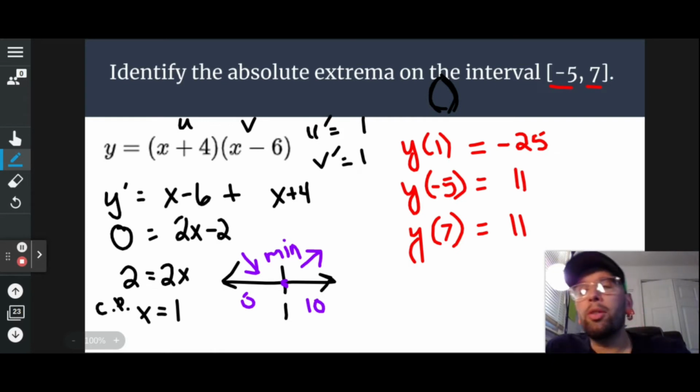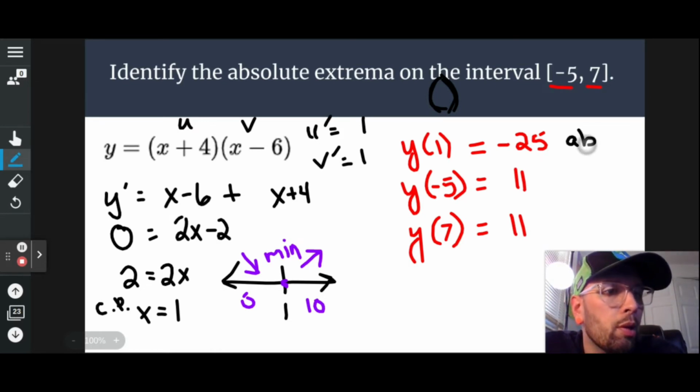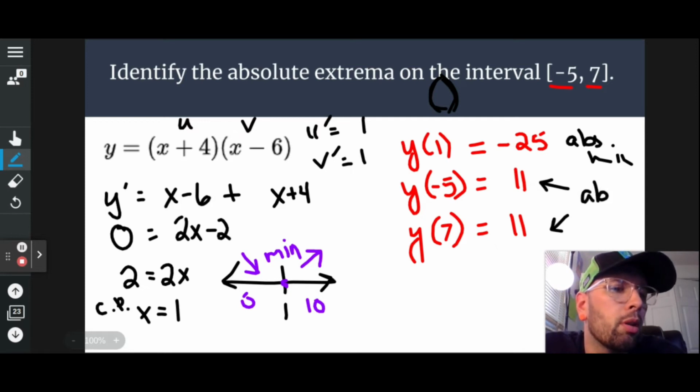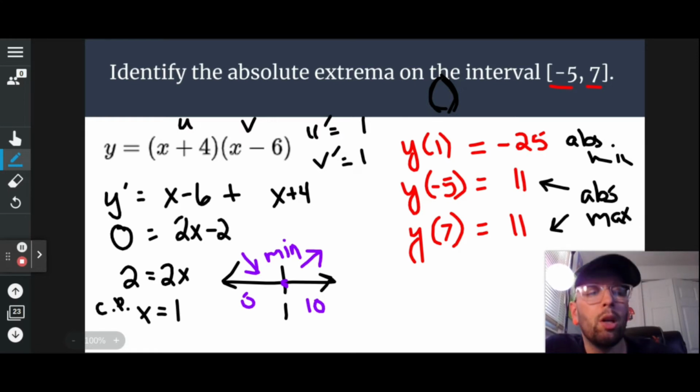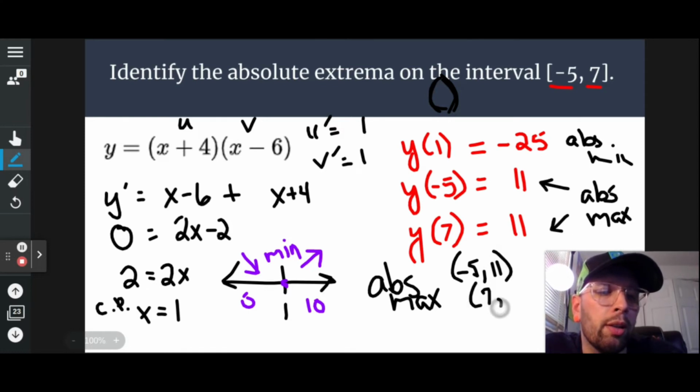Gasp! So this is my absolute minimum. And who would have thunk it? I have 2 absolute maximums. So absolute max is going to be negative 5, 11, and 7, 11.